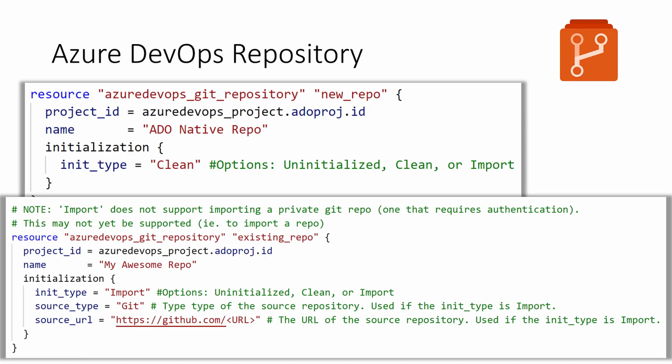So I tried going through this with one of my public repos, but unfortunately it didn't work. And I want to call out that the public documentation for this is a little unclear and a little confusing.